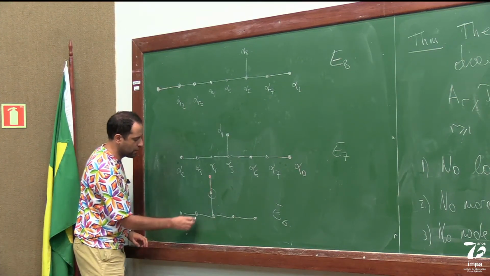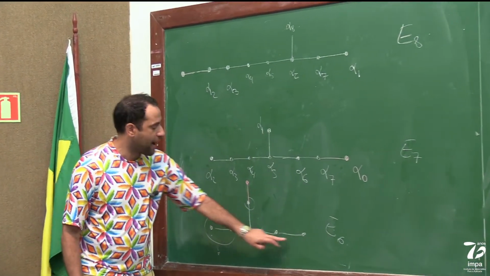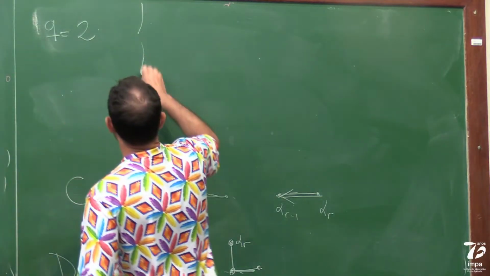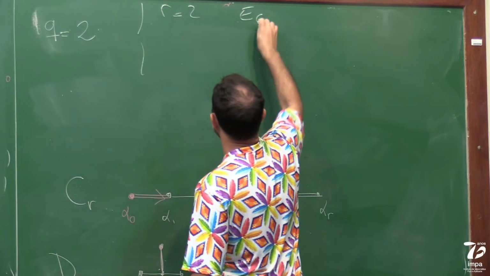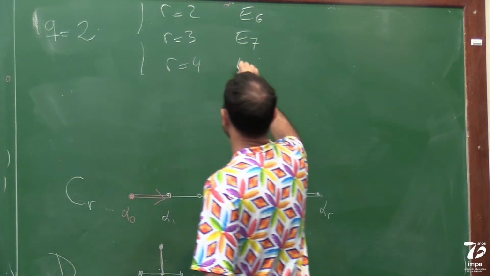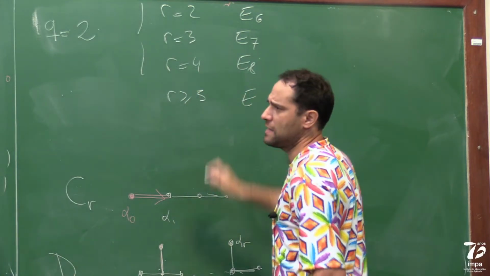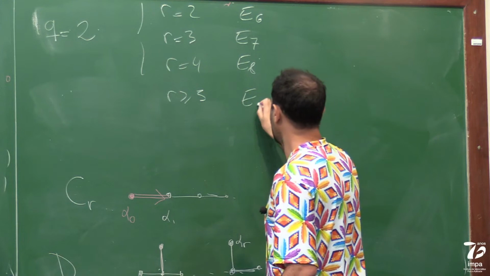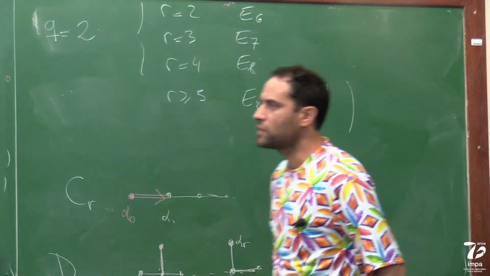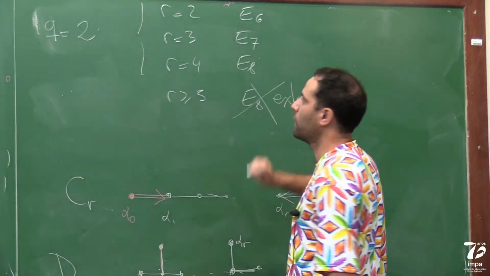So my P has 1, my Q has 2, and now I wonder what are the possible R's. If R is 2, you have E6. If R is 3, you have E7. If R is 4, you have E8. And if R is bigger or equal than 5, then you have E8 extended, if I'm not wrong, which is not allowed. Okay? So these are all the possible ones with Q equal to 2.